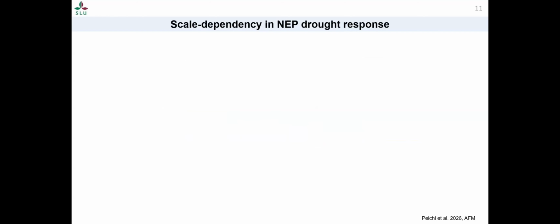In the next step, we were then wondering, okay, we have these 3 years. One of them was a drought year. How did the response of NEP in this drought year compare among these different scales and measurement techniques?